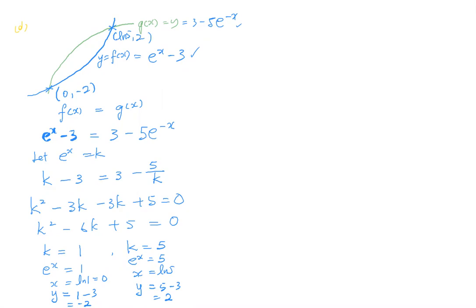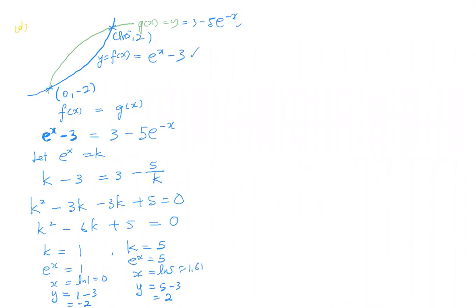Okay, what is the approximate value for ln 5? 1.61. Yeah. So are you okay? So you got the 2 points of intersection.